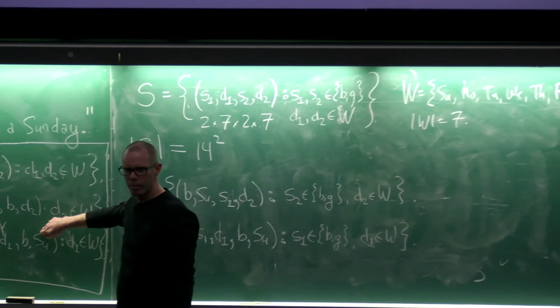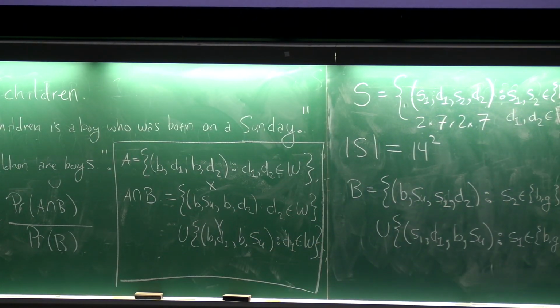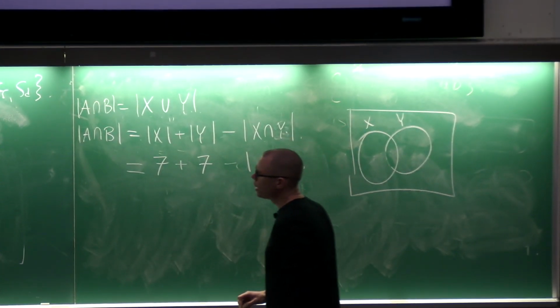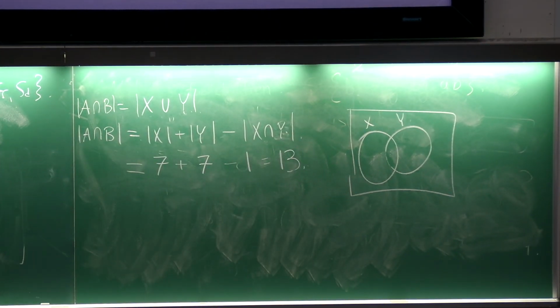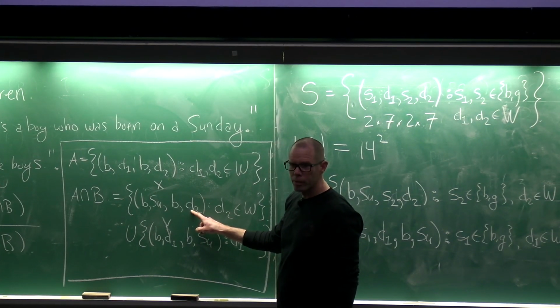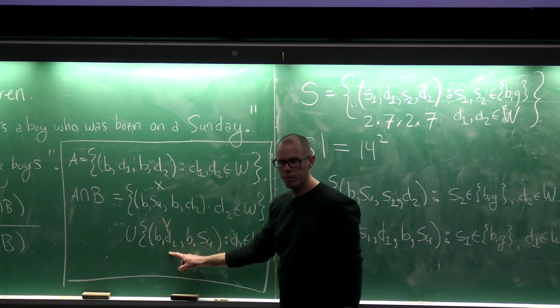There's only one such outcome, right? Why is it 7? Because there's 7 choices for the day of the week that this second child was born on. And in this case, there's 7 choices for the day of the week that this first child was born on.